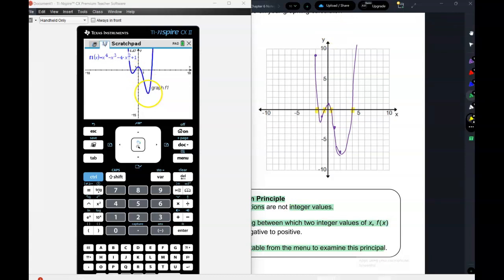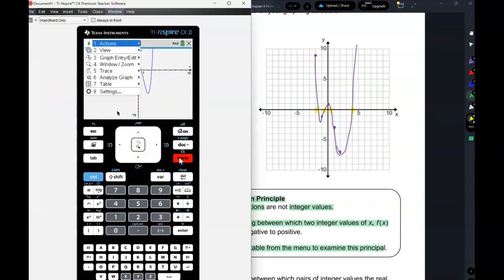So let's take a look here. We have a minimum value right here, to the right. Okay, so here's what you're going to do. You're going to go to menu, analyze graph. So to find that minimum, which one of these are we going to choose? Minimum, number 2. Okay, you're going to get this, drag it to the left of that specific point, click the center button and let go, drag it past, click the center button and let it go.